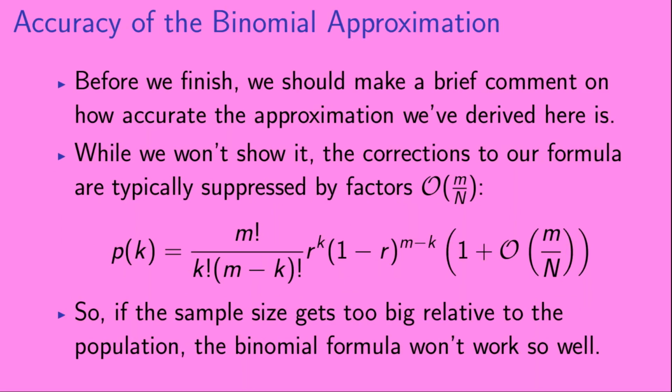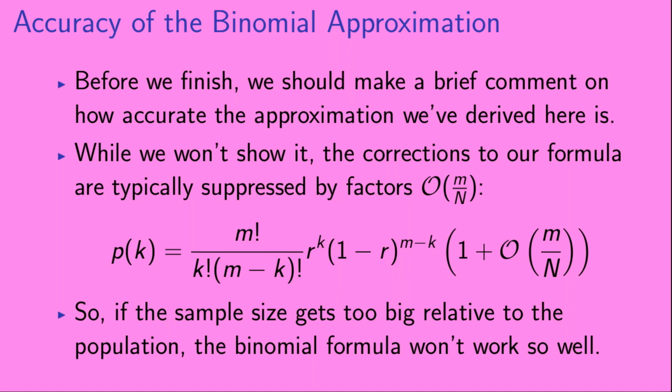Now, before we finish, we should make a brief comment on how accurate the approximation we've derived here is. While we won't show it, the corrections to our formula are typically suppressed by factors that are of order m over n.